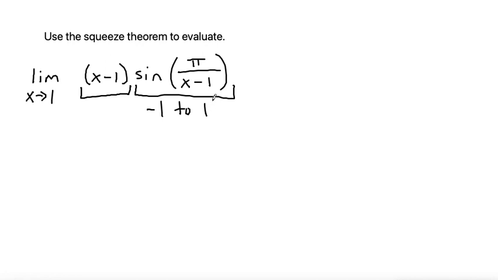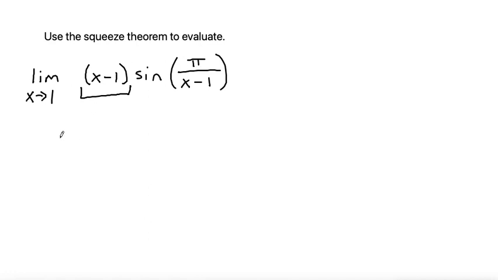Practically, what we can do with this, if you're looking for a more theoretical explanation, you might want to find another video, is take the quantity that's multiplied by the sine or cosine and put it in absolute values.